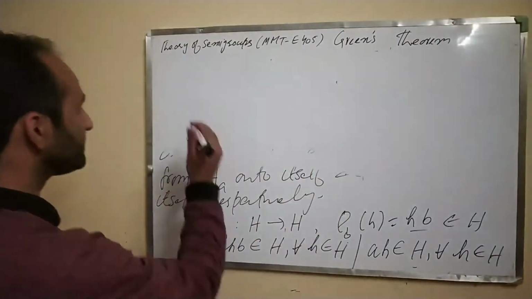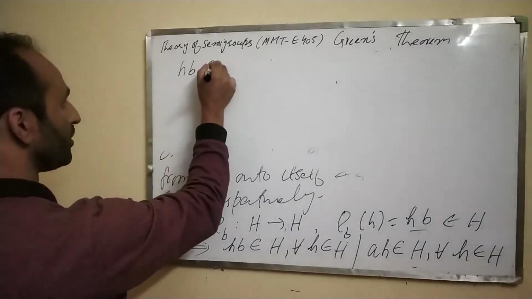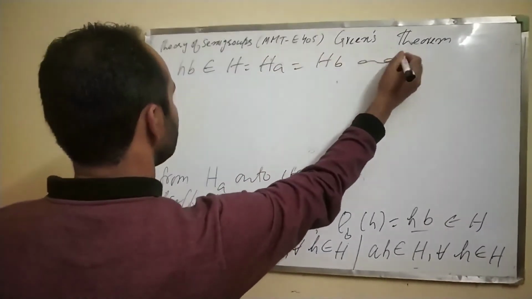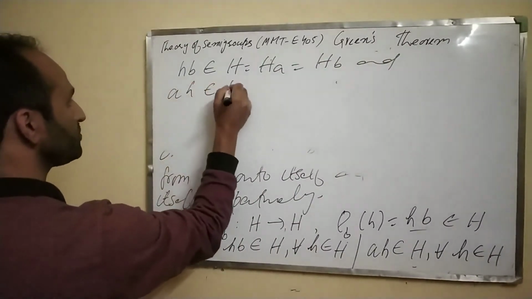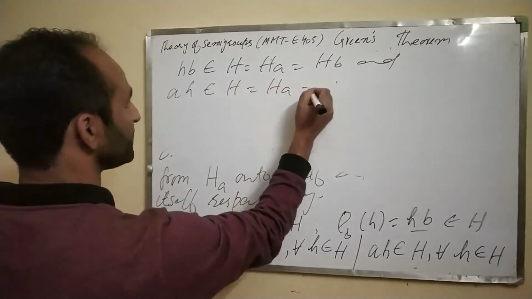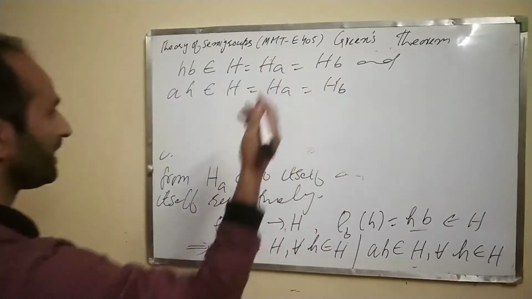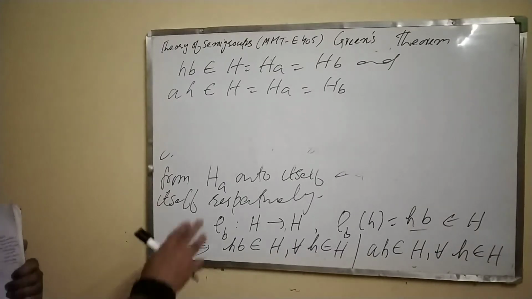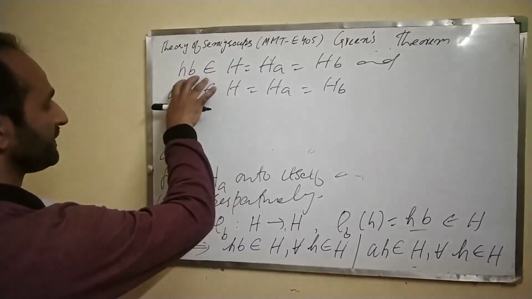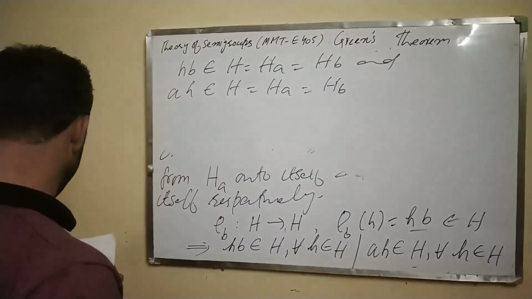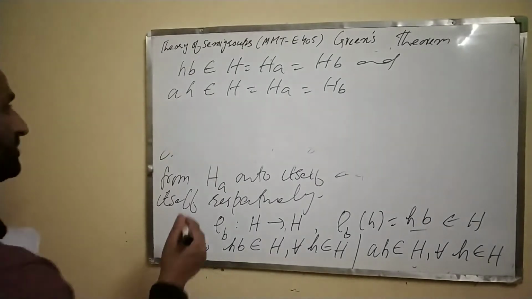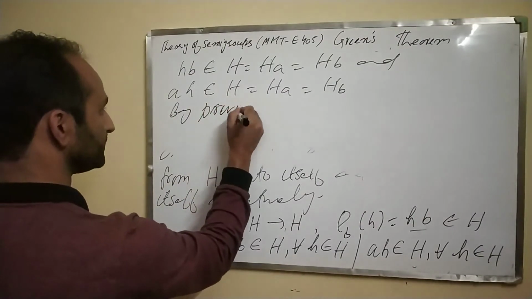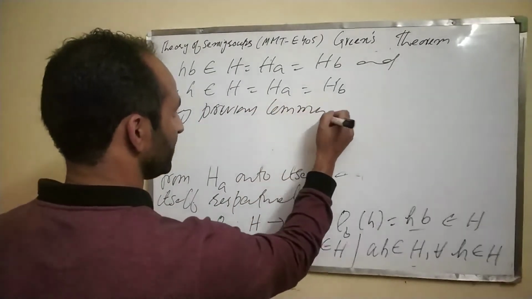Now we have HP belongs to H, which is equal to HA equal to HB, and AH belongs to H, which is equal to HA equal to HB. Then we can again apply the previous lemma, and we can see that HA is equal to H, by the previous lemma.